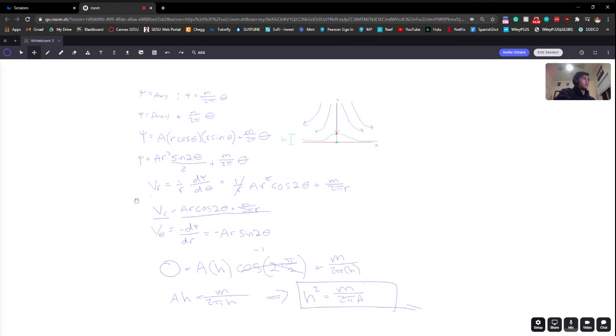Then we used the radial velocity and the angular velocity, even though we really didn't need this, to find how that relates to the constant a and the source strength. Then we substituted in our variables for the specific stagnation point we were looking for, which was at theta equals pi over 2, r equals h, and that gave us this relationship: h squared equals m over 2 pi a.